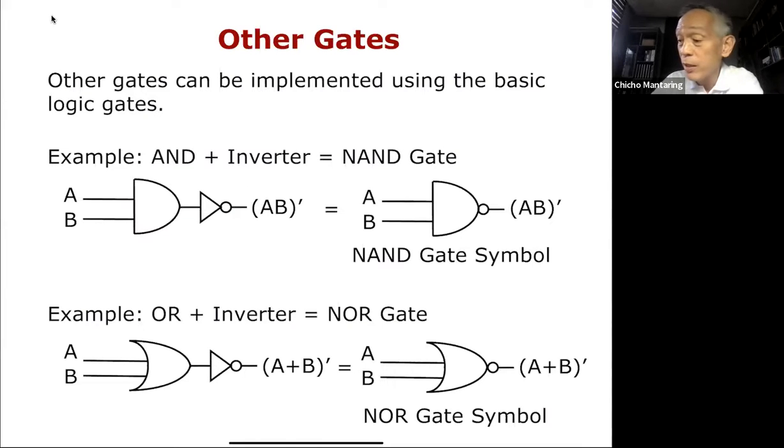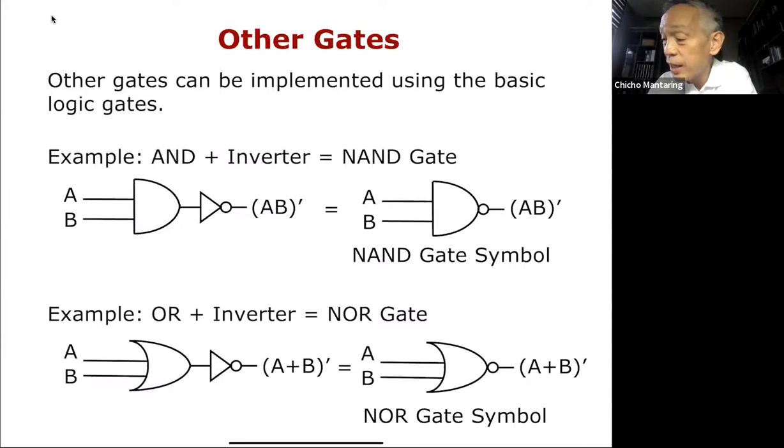For example, if I cascade an inverter at the output of an AND, my output becomes A and B, the whole thing inverted. And I now call that a NAND.